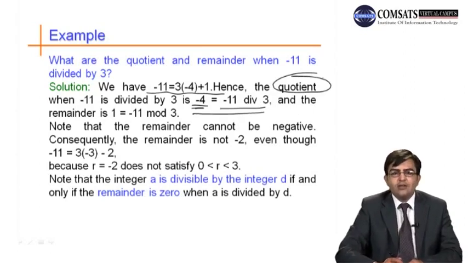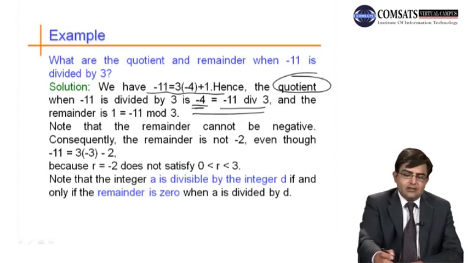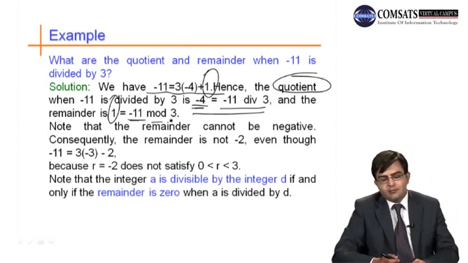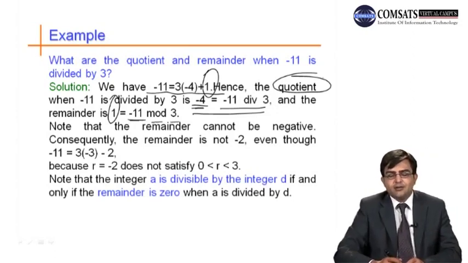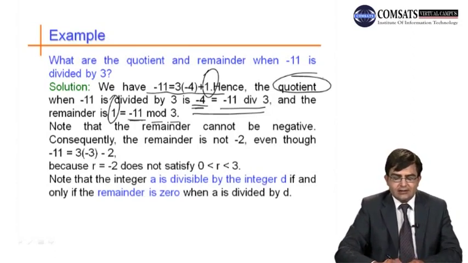And how do we write the remainder? In this case the remainder is 1, and we write remainder is equal to the dividend mod 3. So this is basically the notation. We shall discuss it in further detail in the next lectures.